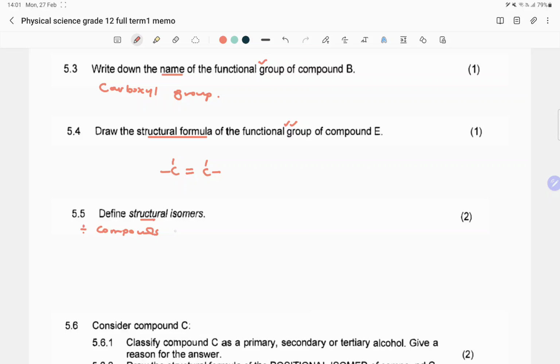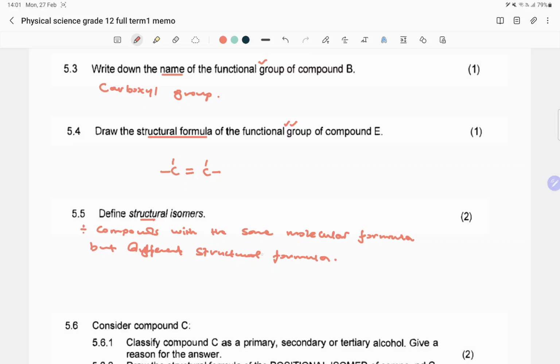It's compounds with the same molecular formula but different structural formula.